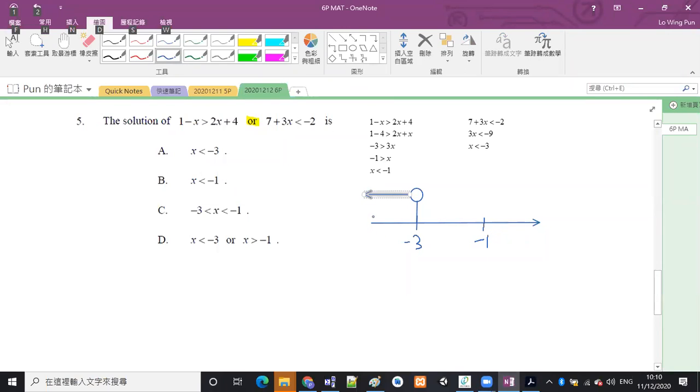And then shade. X is less than negative 1. So draw a stem standing on negative 1. Draw a hollow circle, and then the arrow is pointing to the left because it's less than negative 1. And then shade.